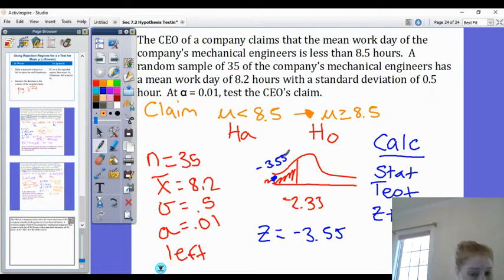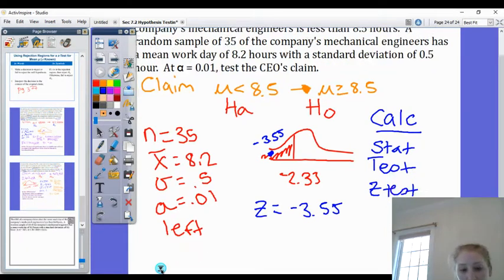So did this fall in the rejection region? It did. Okay, so what are we going to say with our sentence?